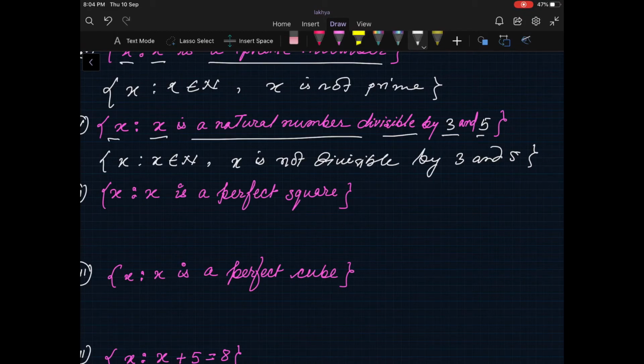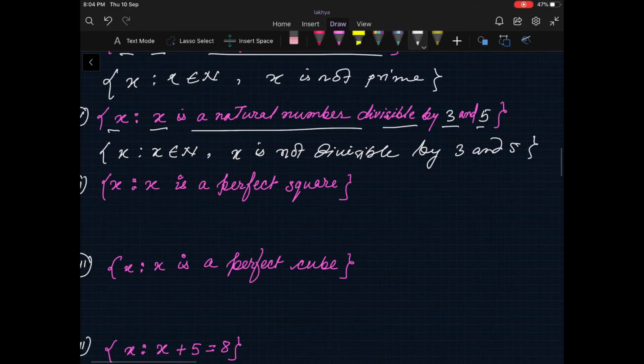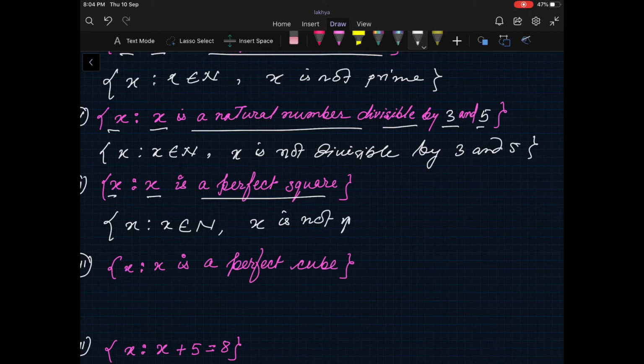Now the next one, X such that X is a perfect square number. The complement of this set will be X such that X belongs to N, where X is not a perfect square.